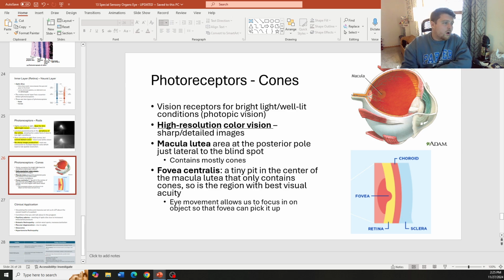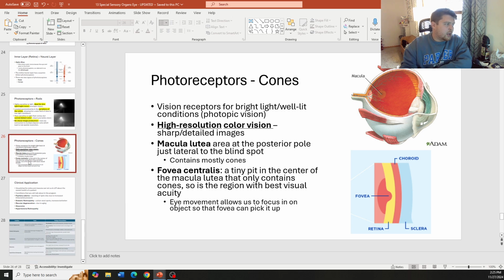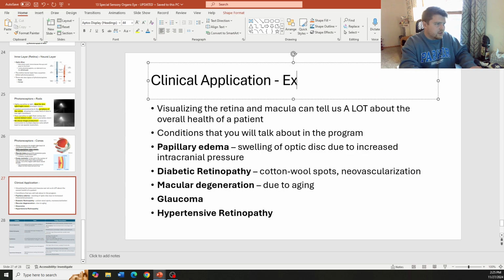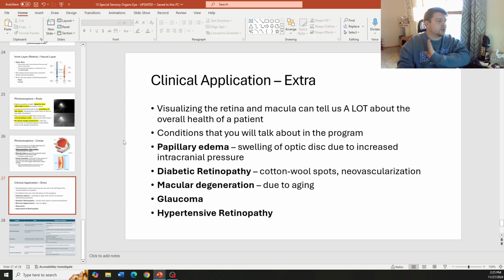So that is really all you need to know at this point about the eye. You're going to learn a lot more about it in the future. I added this as well just to start you on your journey of seeing a couple of common terms when it comes to pathology of the eye.